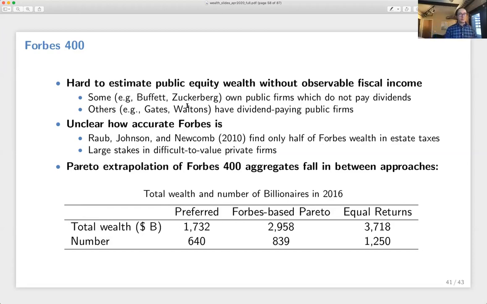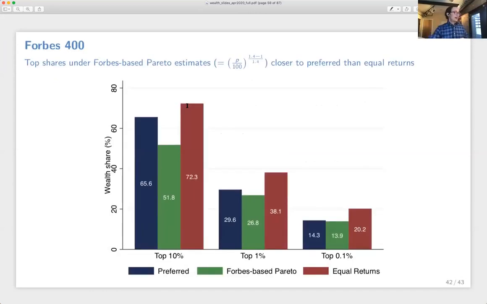If you then take that same Pareto model and go down to the top 0.1% or top 1% share, it turns out that the Forbes 400 implied top shares line up very closely with ours and are well below what the equal returns approach would suggest. So whether Forbes is a strike for or against our estimates, I think it's a little less clear. It's also unclear how much weight we should put on it, but I just wanted to point that out.